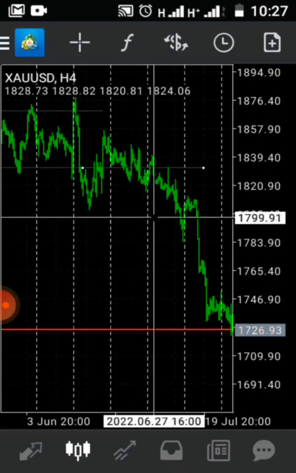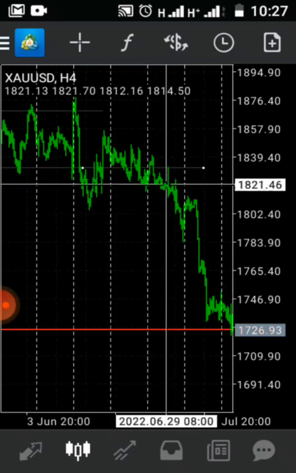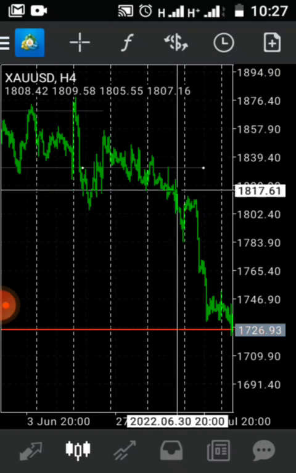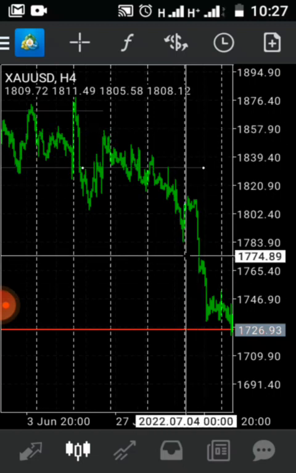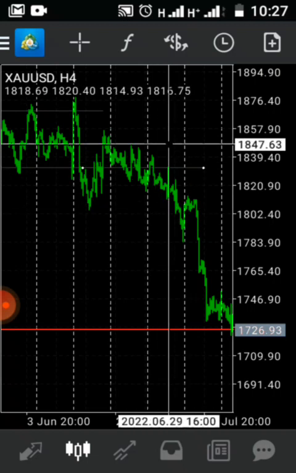Look at how the market went and retested this. This is a retest. After correcting itself, it retests the price before it moves off. You would have got this entry right here.